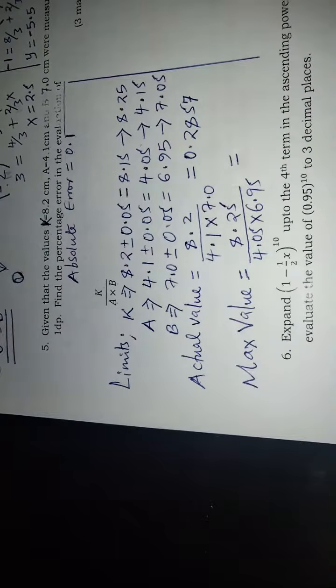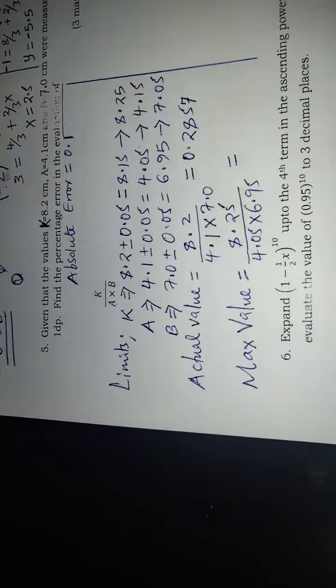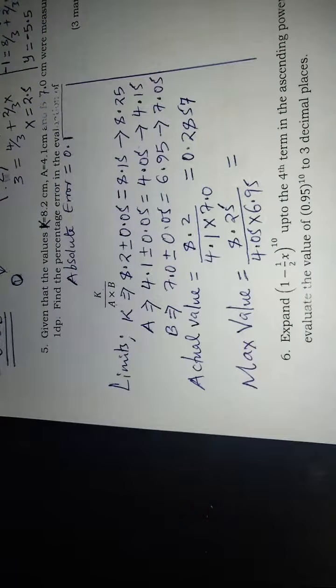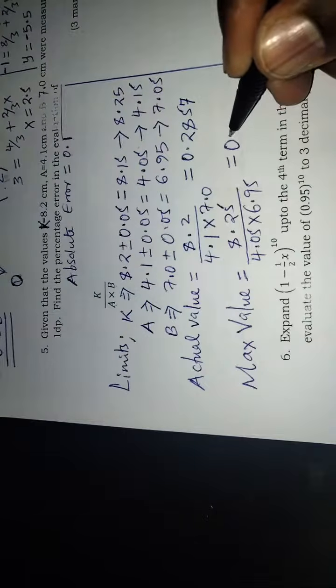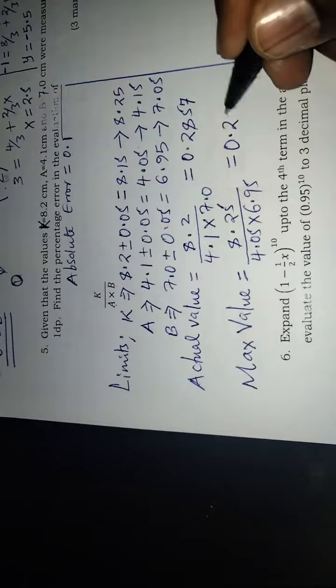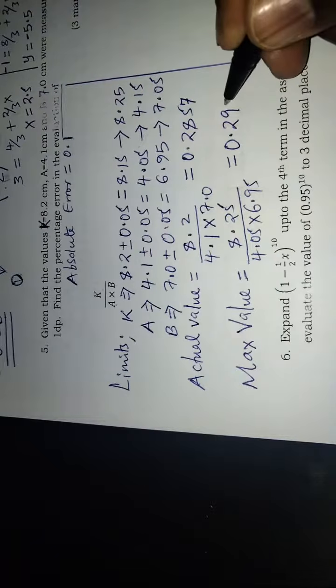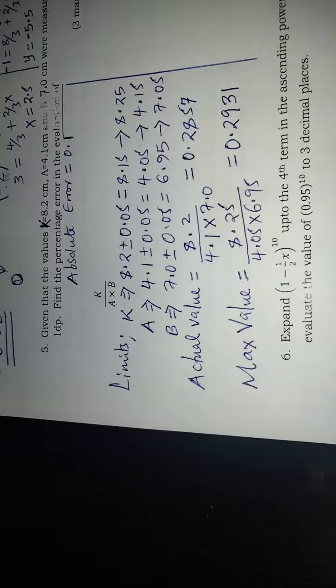So we carry out this multiplication: 8.25 divided by 4.05 times 6.95. This is giving us 0.2931 to 4 significant figures.